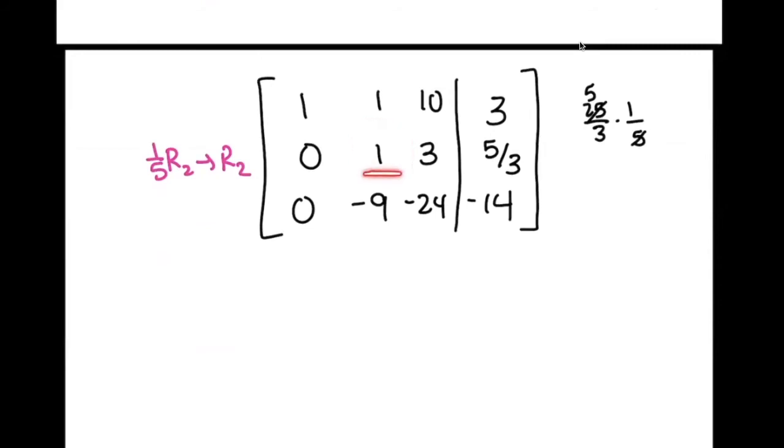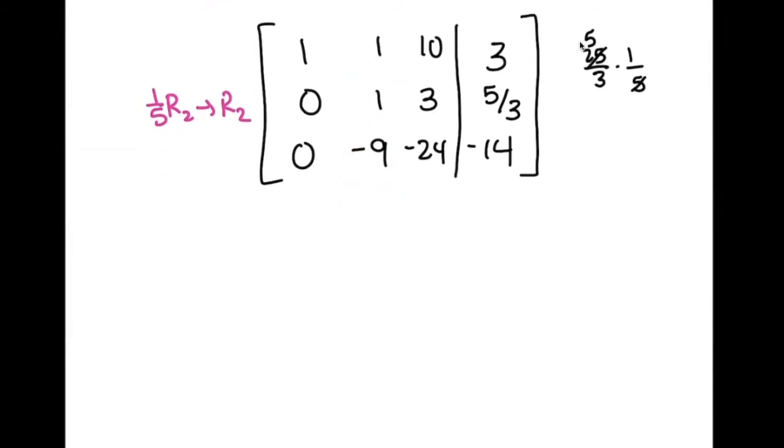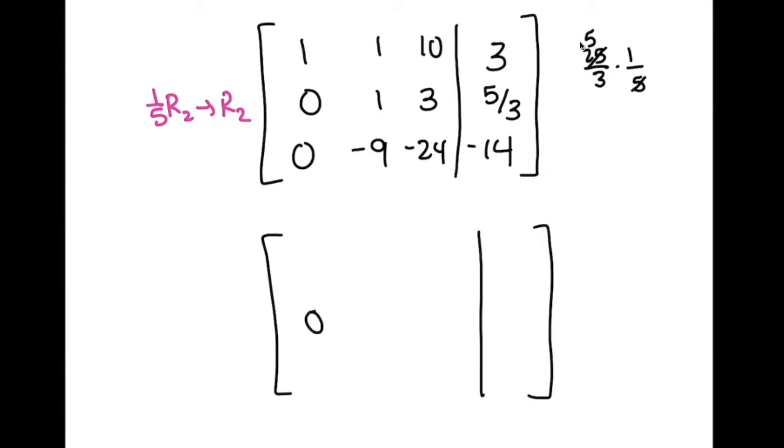I'm going to use this 1 to make this 1 and this -9 zeros. So nothing will be happening in row 2 here. Copy row 2 down. 0, 1, 3, 5. Using that 1 to make this 1 a 0, I can multiply it by -1 and add it. So -1 times row 2 plus row 1 goes into row 1.